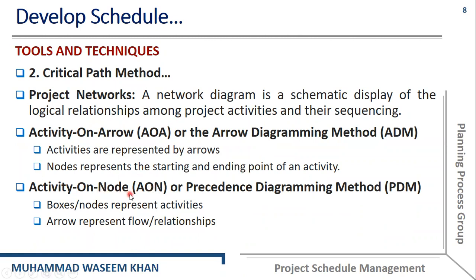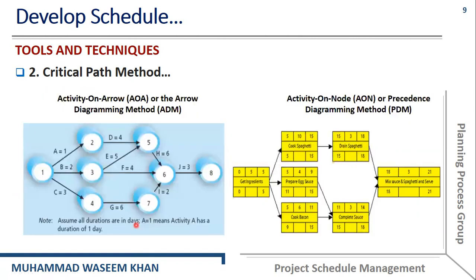And in activity on node or precedence diagramming method that we have discussed in the previous slide, the boxes or nodes represent the activities, while the arrows represent the flow or the relationship among activities. So this is an example of the activity on arrow or arrow diagramming method and activity on node or precedence diagramming method.